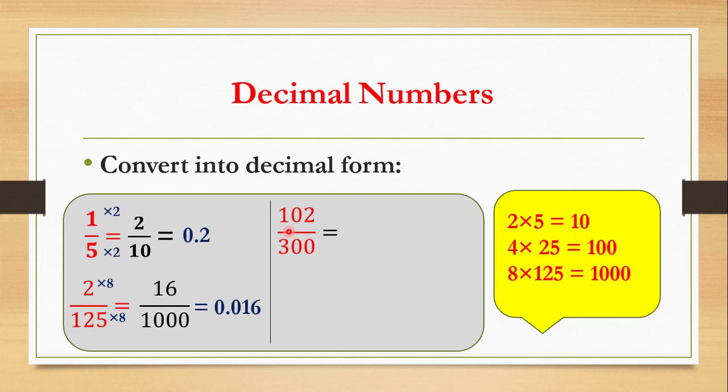Okay, let's try. 1 plus 2 equals 3, so 102 is divisible by 3. Okay, so I'll divide up and down by 3. 102 divided by 3 equal 34, and 300 divided by 3 equal 100.